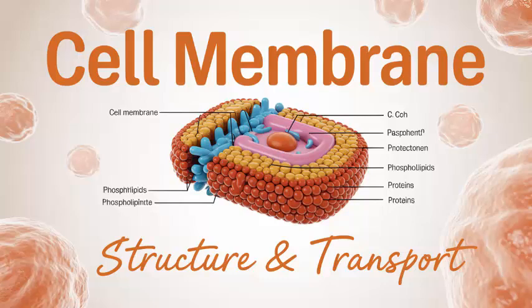Now the lipid layers of the cell membrane have two sides. One is hydrophilic, meaning they are friendly to the water. Hydro is water and philic is helping to the water. Another is hydrophobic, fearing the water.